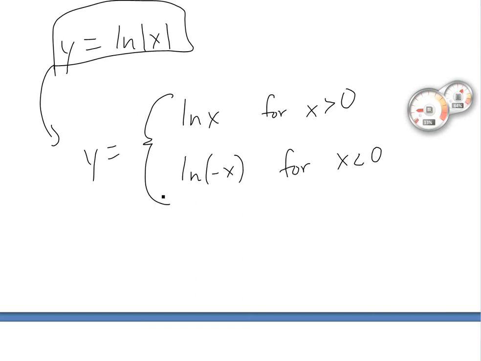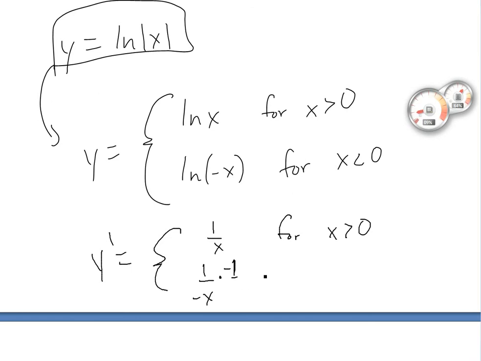So that's what this equation is. And then if we take the derivative, y prime, well, you have to do both of them. It's going to equal 1 over x for x greater than 0. And for the other one, it's 1 over negative x, and then using the chain rule, times negative 1, so this is equal to 1 over x as well, for x less than 0.